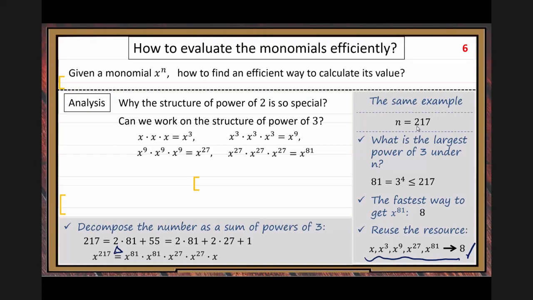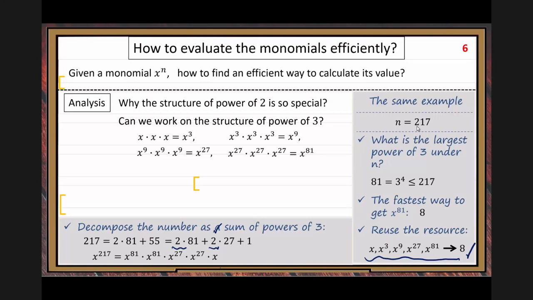2 to the 217 equals... corresponding to these numbers, we should use x to the 81st twice in the multiplication. When you see 2 here, we use x to the 27th twice. For 1, you just use 1 x.